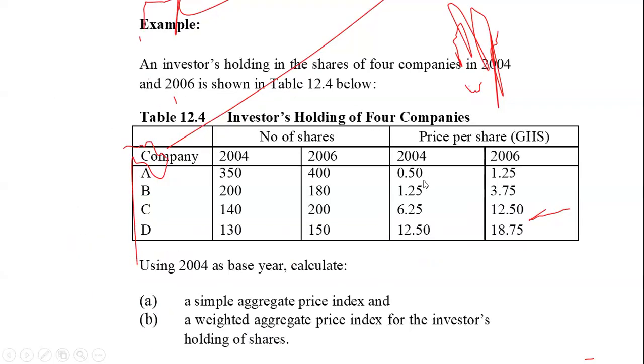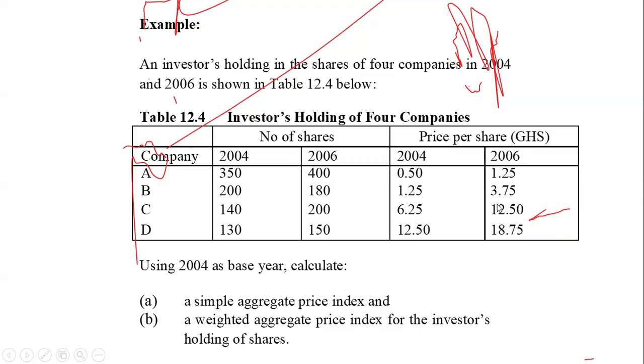For 2006, which is the numerator, you take 400, the shares, and multiply by its corresponding price per share, plus 180 times its corresponding price per share, plus 200 times its corresponding price per share, plus 150 times its corresponding 118.75 price per share.